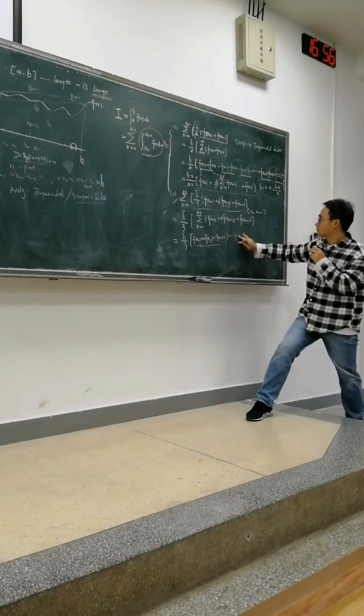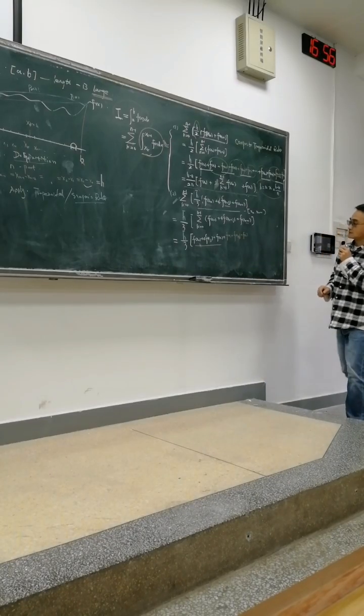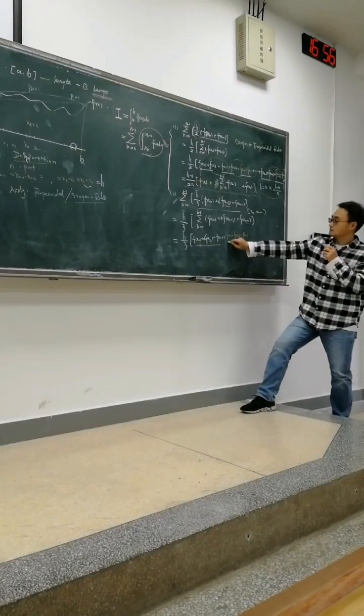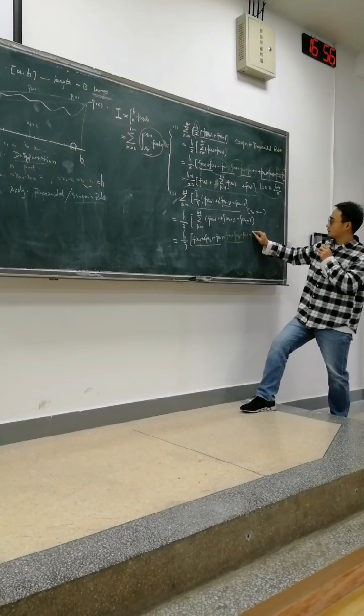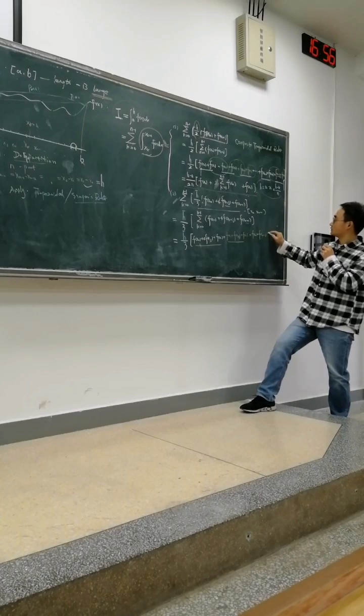This is the second interval, and the third interval is f of x2 plus 4 times f of x2 plus 1 over 2 plus f of x3, and so on and so forth.